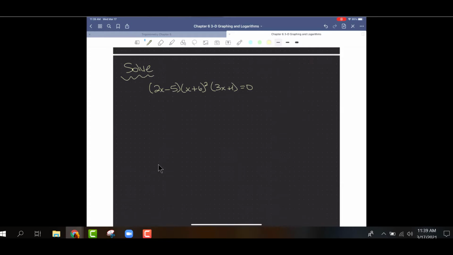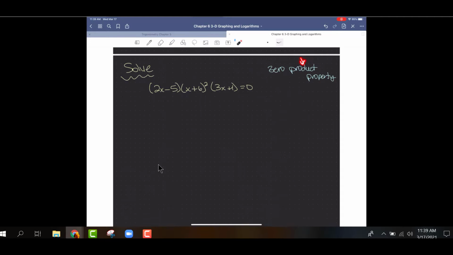So we learned this little property way back in the day, and it was called the zero product property, right? The product is multiplying.